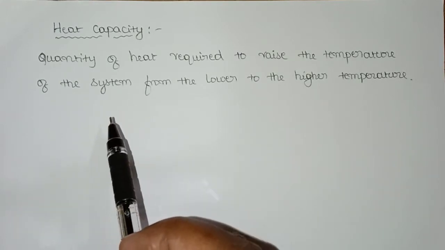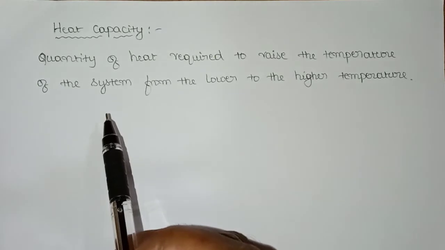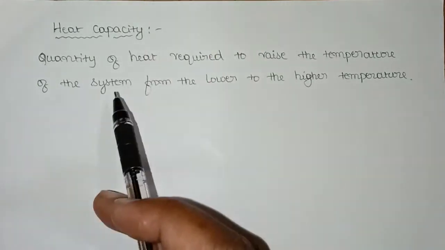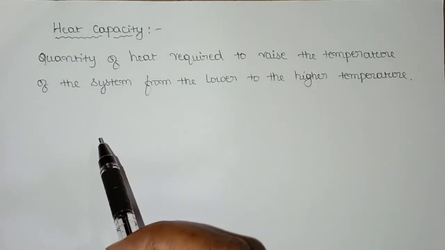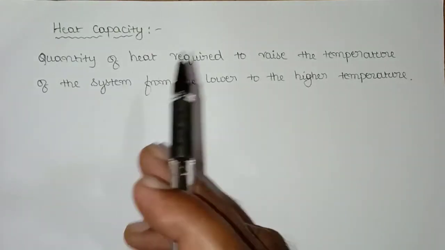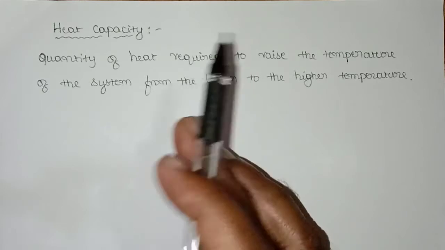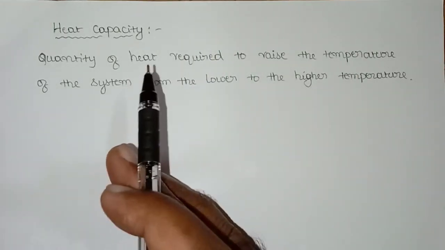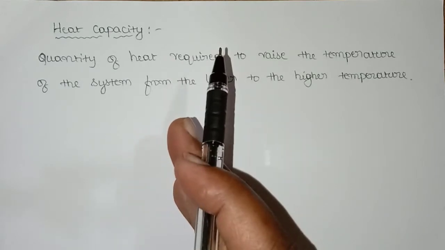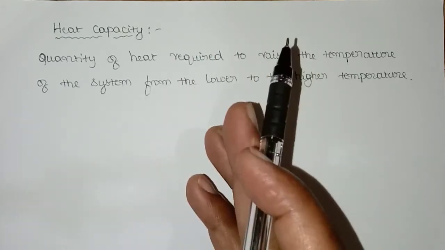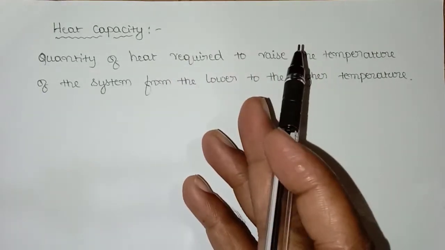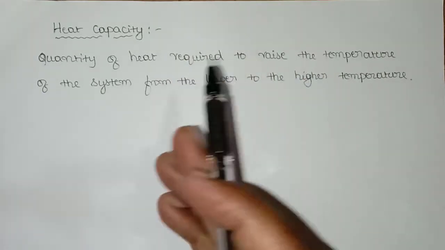Depending upon the way we present the term heat capacity, we can define it in many different ways. Heat capacity for a particular amount of substance is called specific heat capacity. If you have taken the amount of substance in some other unit, say in terms of mole, then it will be called molar heat capacity.